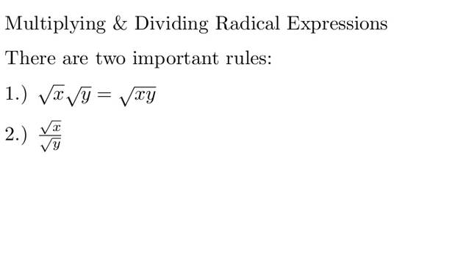Okay, so the square root of x over the square root of y is equal to the square root of the entire fraction. Okay, so both of these are really important. Remember that rule number 1 is the product rule. Rule number 2 is the quotient rule. We're going to be using them both quite a bit. So let's get started with the first example.